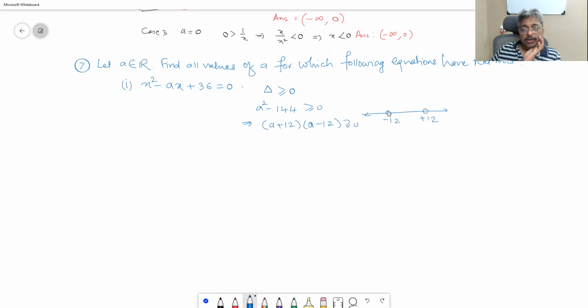Equality, no denominator, all are dark circles. Leading coefficient positive, opening up. We want the greater than inequality, so the solution set is minus infinity to minus 12 closed, union 12 closed to plus infinity.